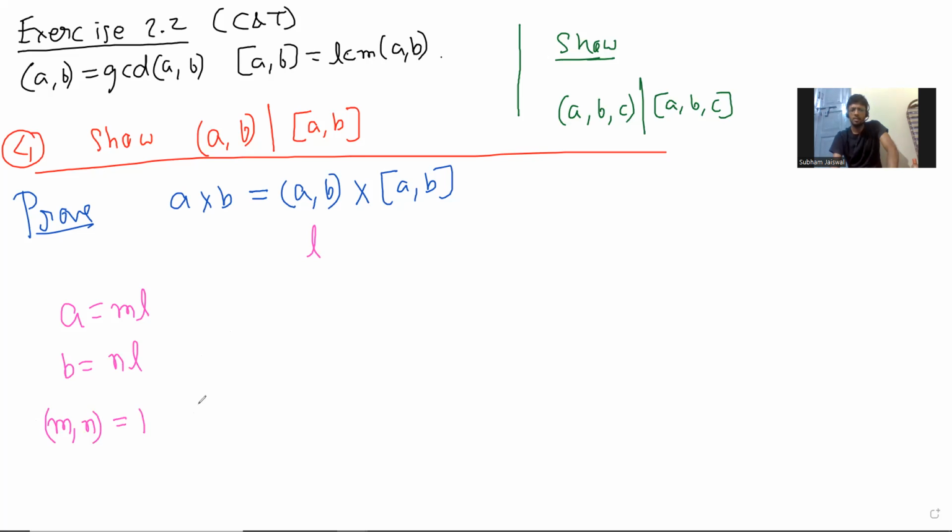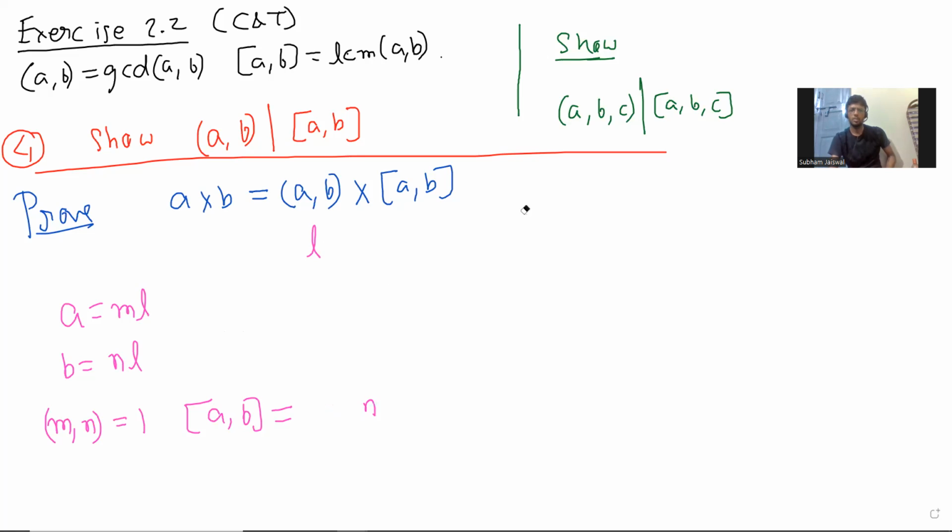LCM of A and B. Can you say this again? L into M into N. Why? Yeah, so you're using that kind of reasoning, that's good. That reasoning is perfect. There's no problem with that.